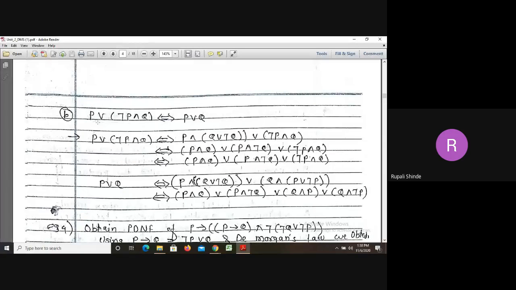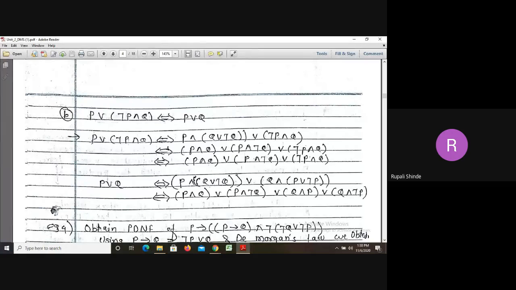So likewise, we can check for this second one. Here we have to show these two formulas are equivalent. The first one is given as P or (negation P and Q), and the second one is P or Q. Okay. So check here. P or (negation P and Q). So this is the OR symbol.